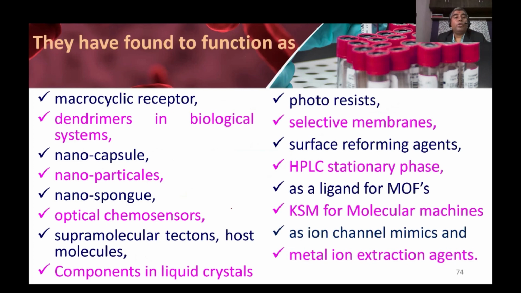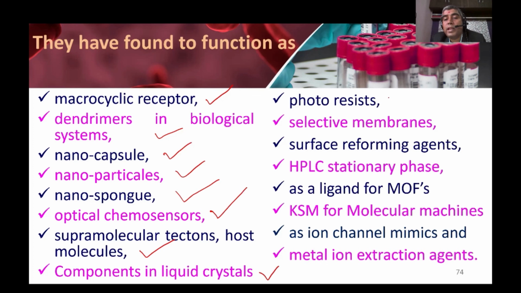These are the functions and applications in general. This supramolecule is used as macrocyclic receptors, dendrimers in biological systems, nanocapsules, nanoparticles as nanosponges, optical chemosensors, supramolecular tectons and host molecules, and components in liquid crystals.